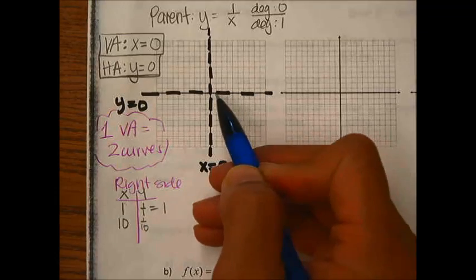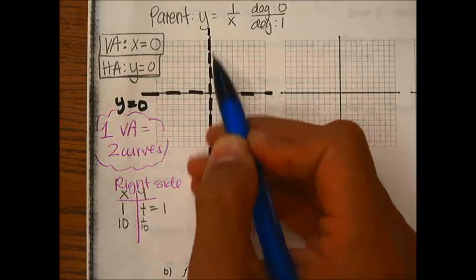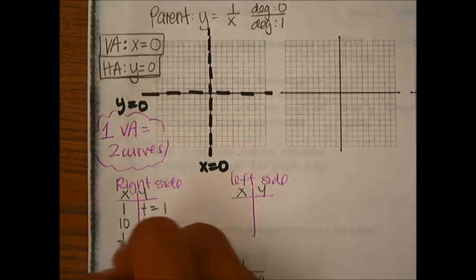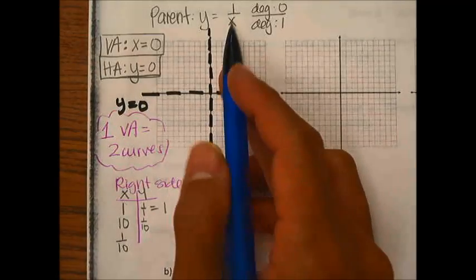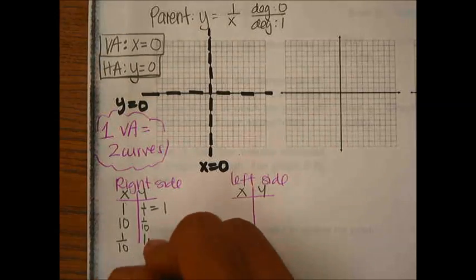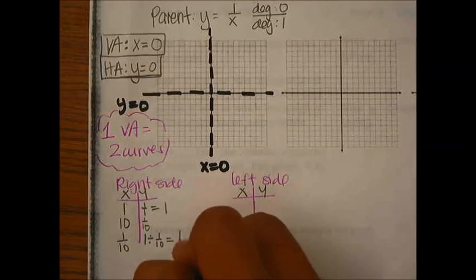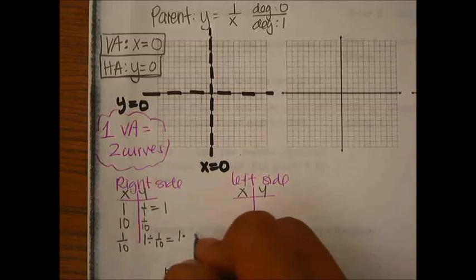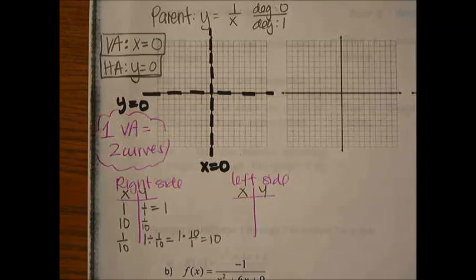Then I'm going to pick a very small value, as close as I get to the vertical asymptote, which is 1 over 10. So 1 divided by 1/10 is 1 times the reciprocal, which is 10 over 1, which is really 10. So I have 3 points, and yes, minimum 3 points is required.